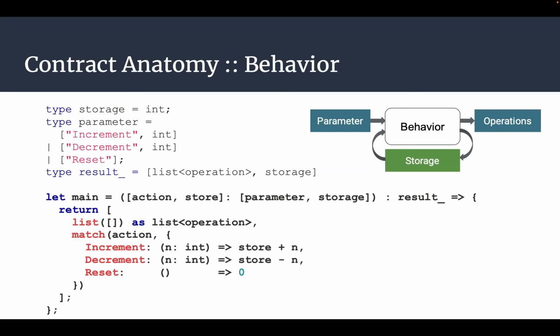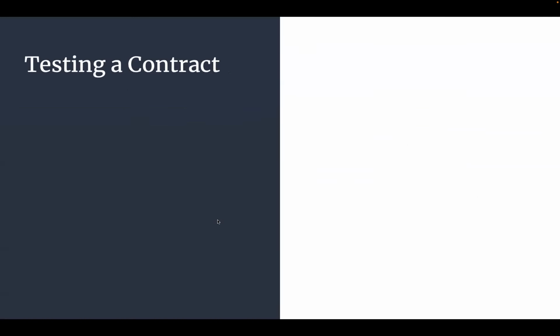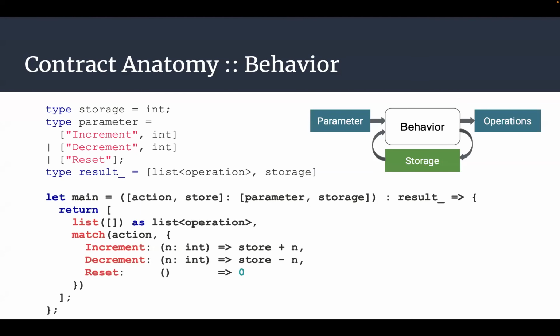And here we're producing, as you can see, a tuple, a pair exactly, with first a list which is empty, and we have a match action. We match an action, and then after we have to give the semantic for an action, which is for the increments.